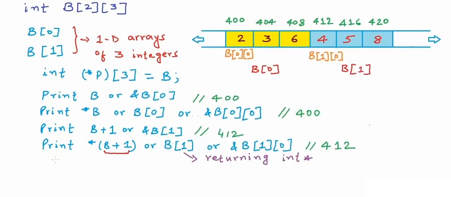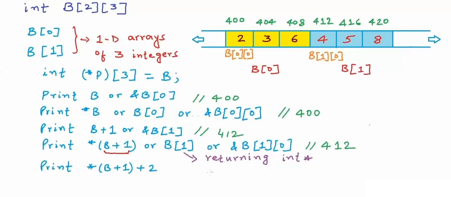Okay, now you need to gear up because I'm going to give you some tough ones to decode. What will be the output if I print *(B plus 1) plus 2? Take some time and think about it. *(B plus 1), as we saw above, will return an integer pointer to the first integer in B1, to the integer at address 412.